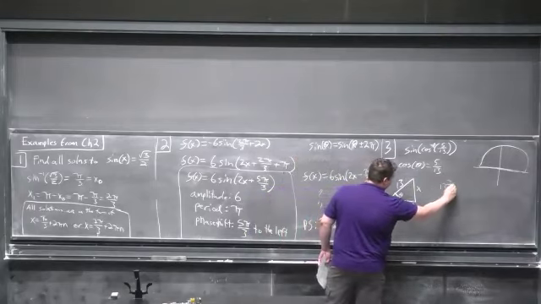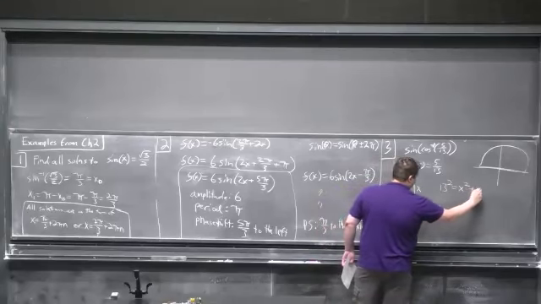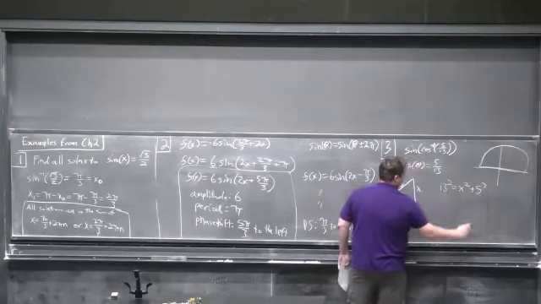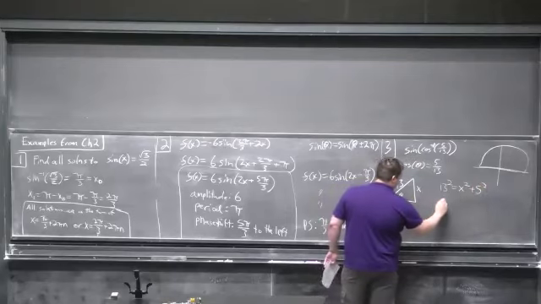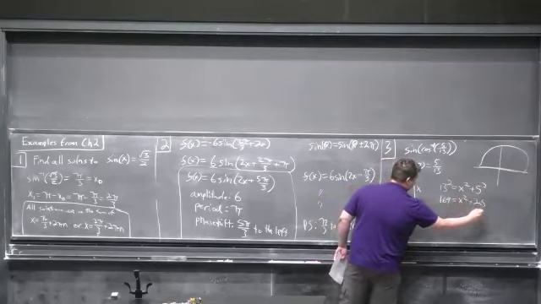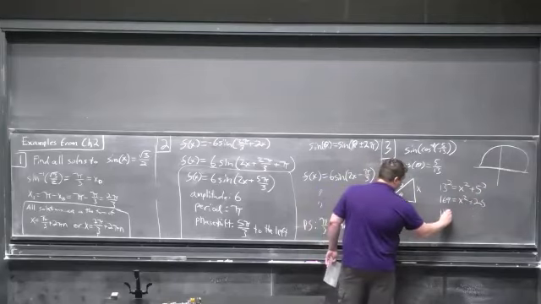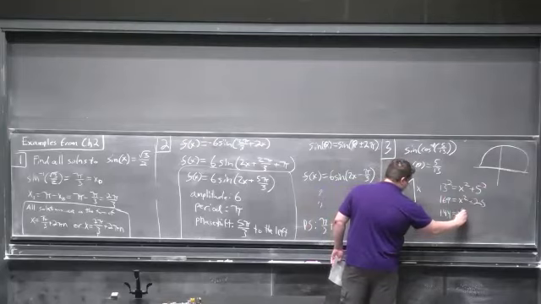It's the Pythagorean theorem. 13 squared is equal to x squared plus 5 squared. And we have 169 is equal to x squared plus 25. Subtract 25 from each side, and we get 144 is equal to x squared.